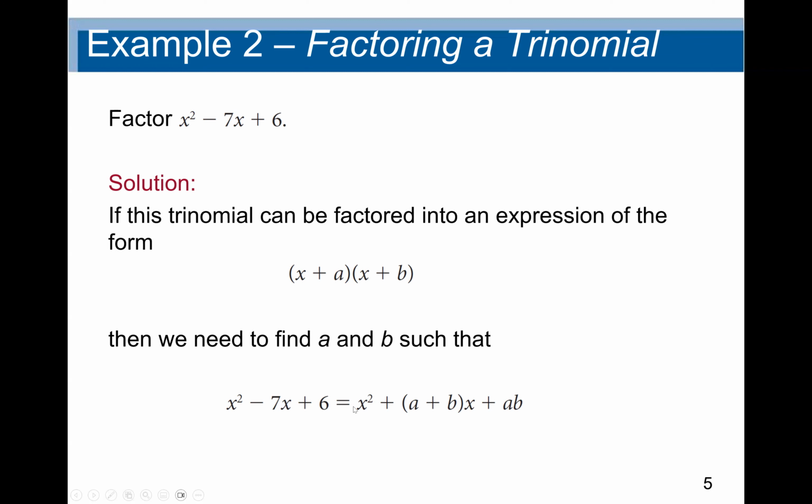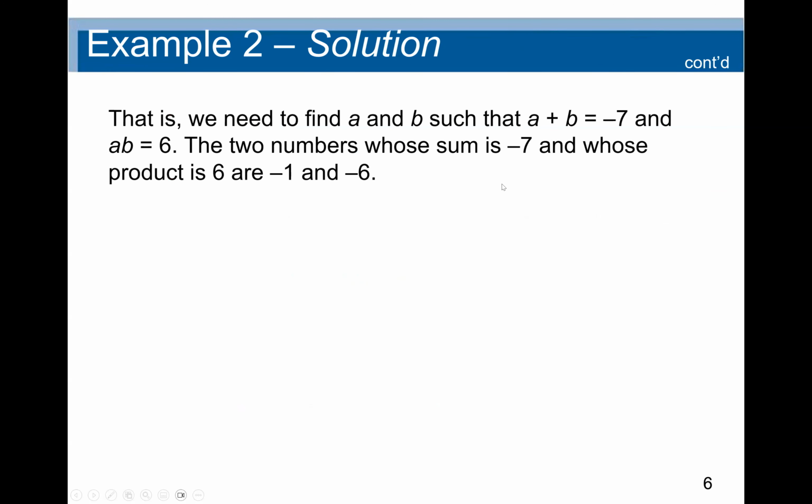So that's what we write here. x squared minus 7x plus 6 should be x squared plus a plus b times x, then plus ab. So we are looking for a and b now. As we said earlier, a and b should be minus 1 and minus 6. If I multiply minus 1 and minus 6, I get plus 6. If I add minus 1 and minus 6, I'll get minus 7.